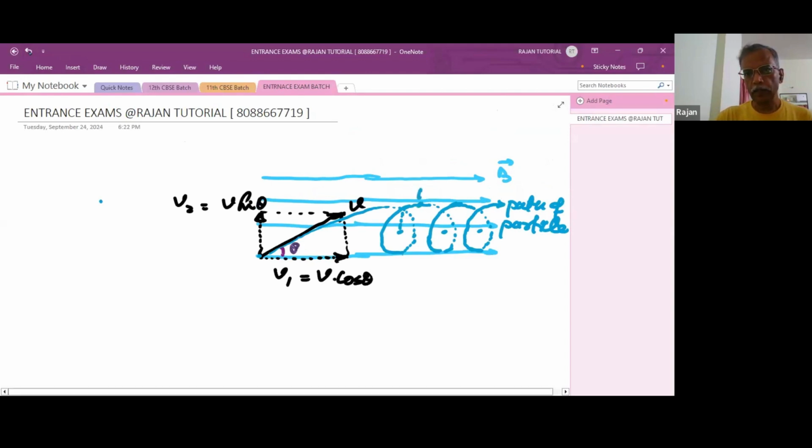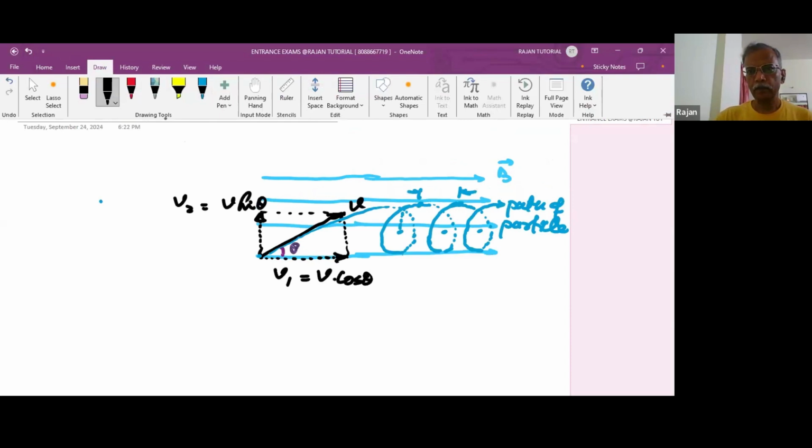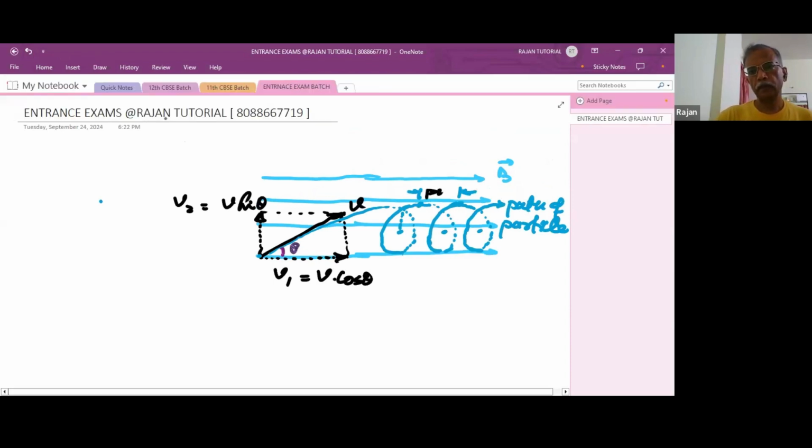This is one peak to the other peak, so from here to here, this is my pitch of the helical path. So we will have to find the radius R and this pitch of the path of the particle.